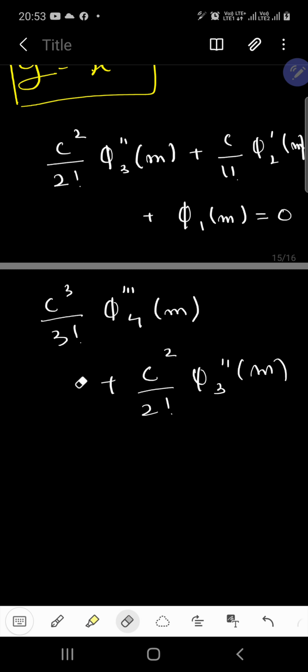Okay, clear? Now you could have also got this as 3 itself, so you could have started with 3 also. This would have been 3 triple dash, 2 double dash, then phi 1 would have been single dash, and lastly you would have phi 0 m.